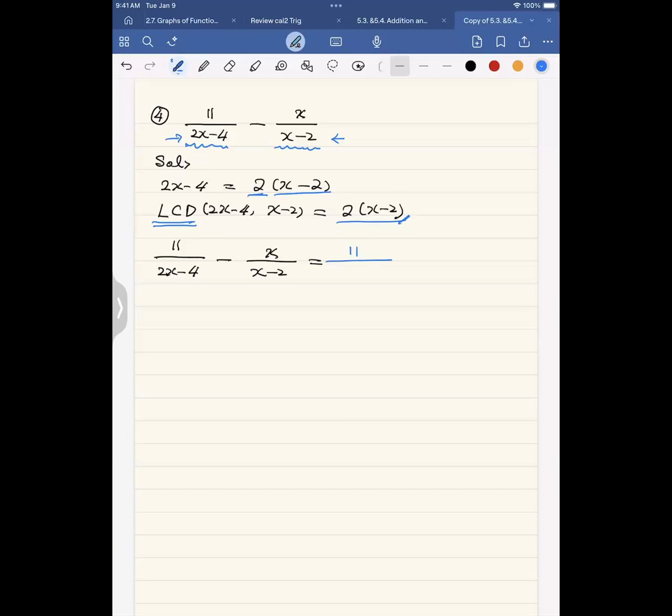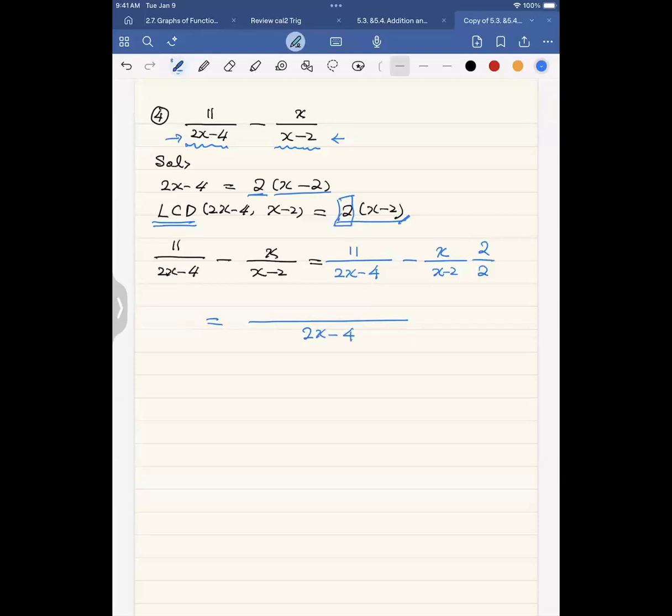And we copy 11 over 2x minus 4 minus the second fraction, x over x minus 2. But to make the least common denominator, we have to multiply the numerator and denominator by 2. Now we have the same denominator, 2x minus 4.